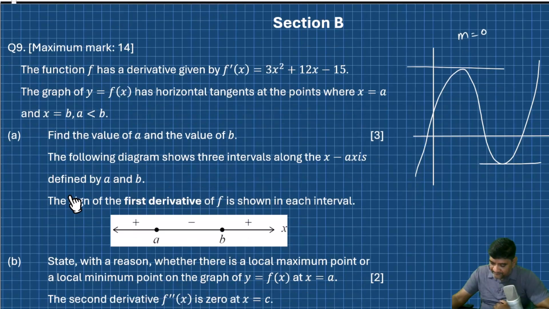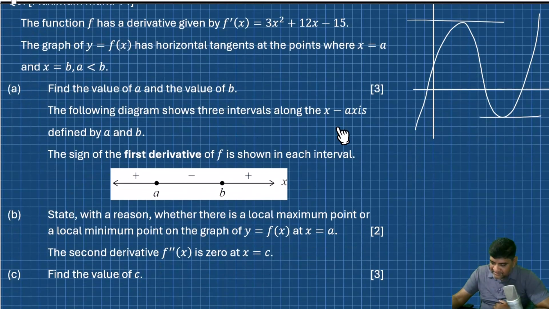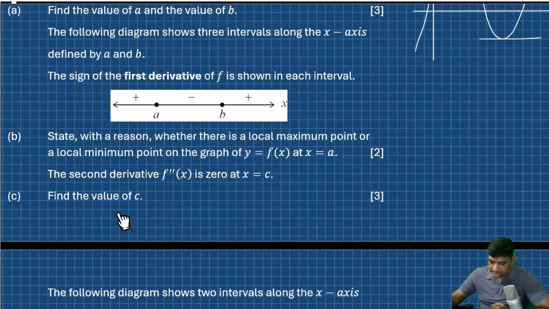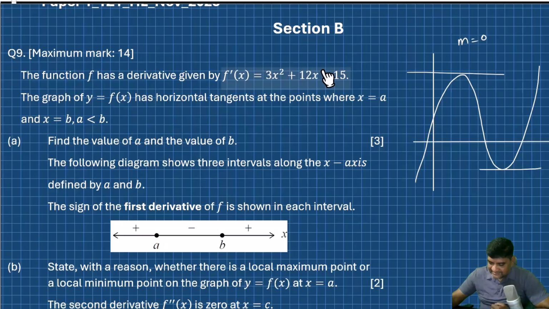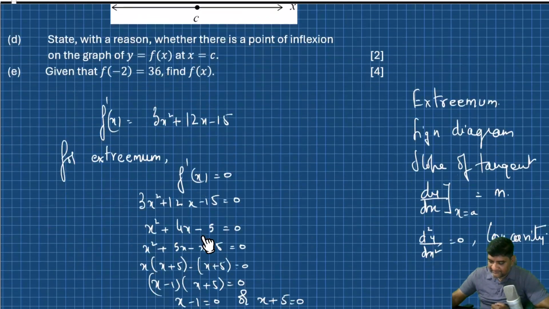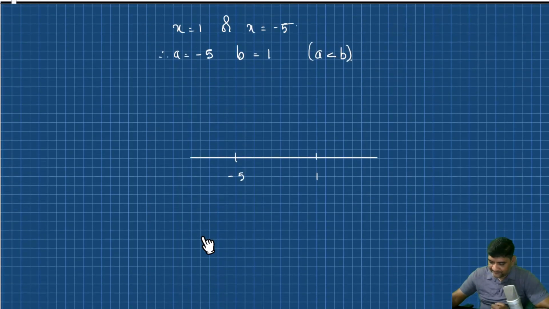Now part B. The following diagram shows 3 intervals along the x-axis. The sign diagram is shown here. Let's go ahead and plot the curve itself. So I know that this equation has its 0 at these 2 points. So I can simply draw a parabola like that.